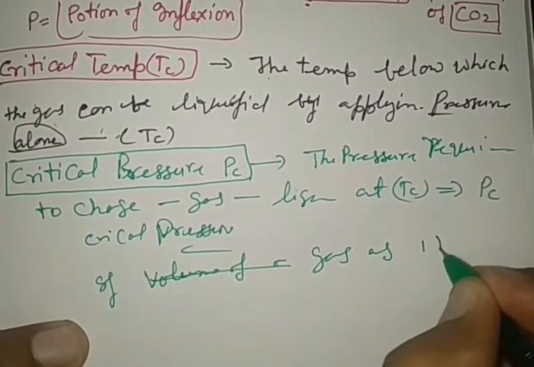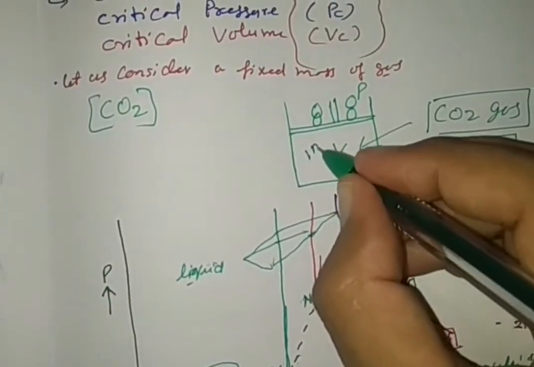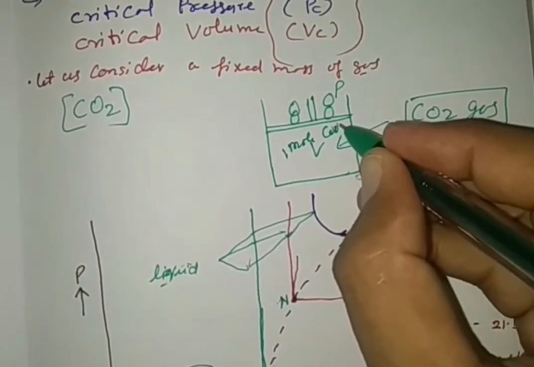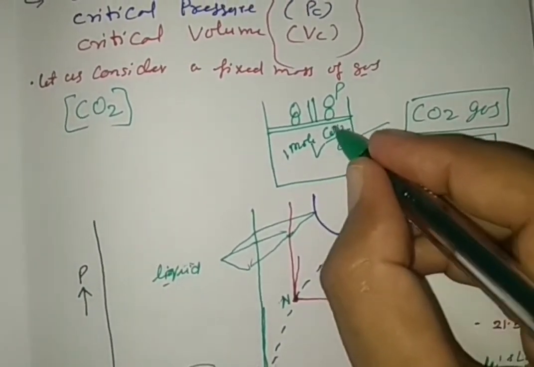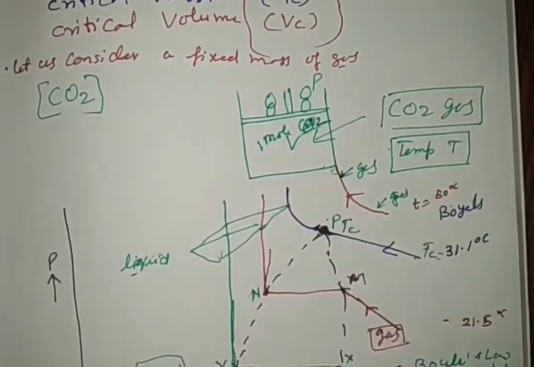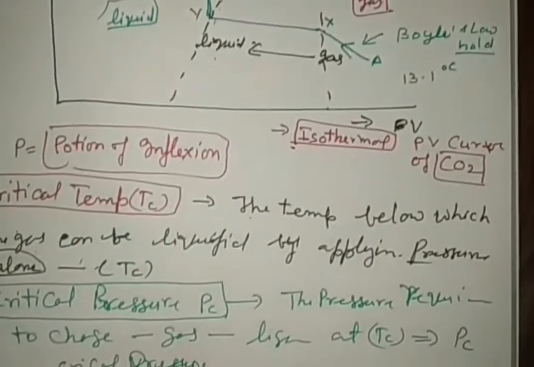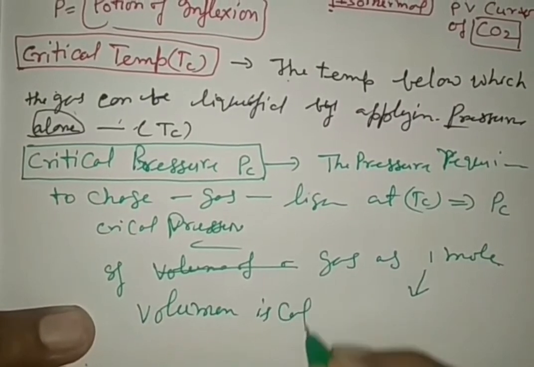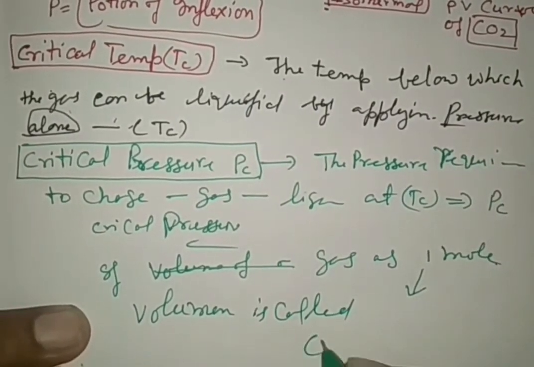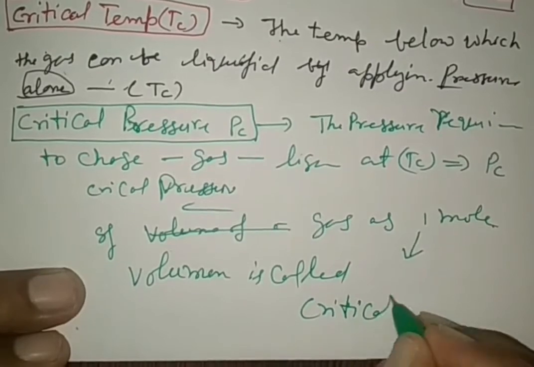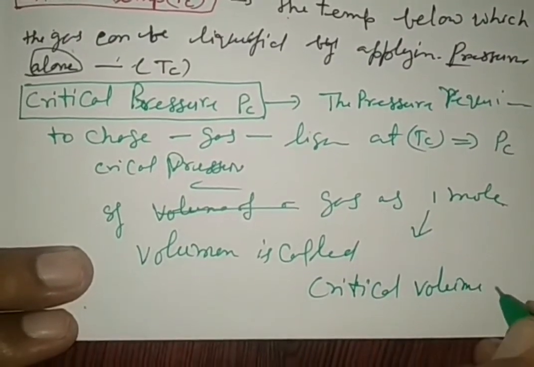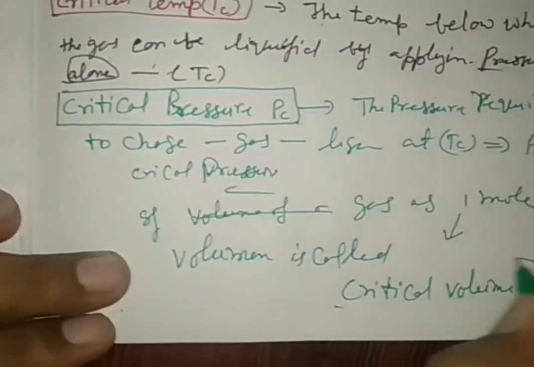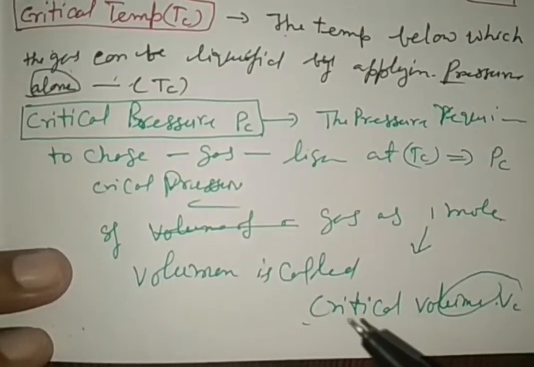Here, under both circumstances, if the gas is 1 mole, if we have taken 1 mole of CO2, carbon dioxide, then this volume is called critical volume, and it is denoted by Vc. Now see here in the graph.